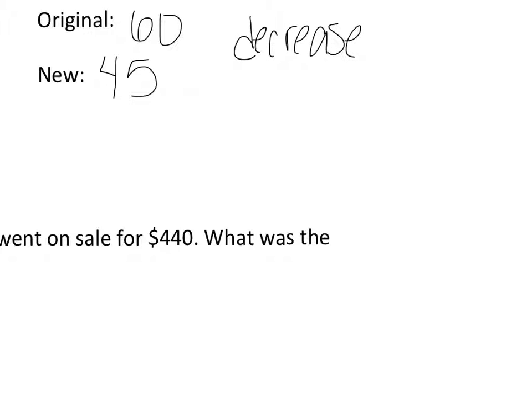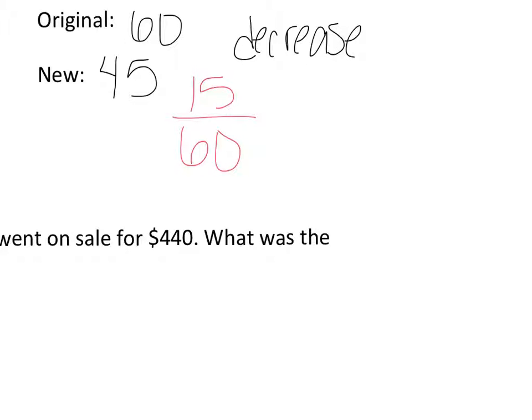Connor had a good question. He said, do you write a negative? Once we identify it as a decrease, we just want the amount of change. I want to know how much it changed. So you're still looking for the difference between 60 and 45, and you're looking for a positive number. What is the amount of change from 60 to 45? 15. What did you put in your denominator? 60, right? We always put the original.